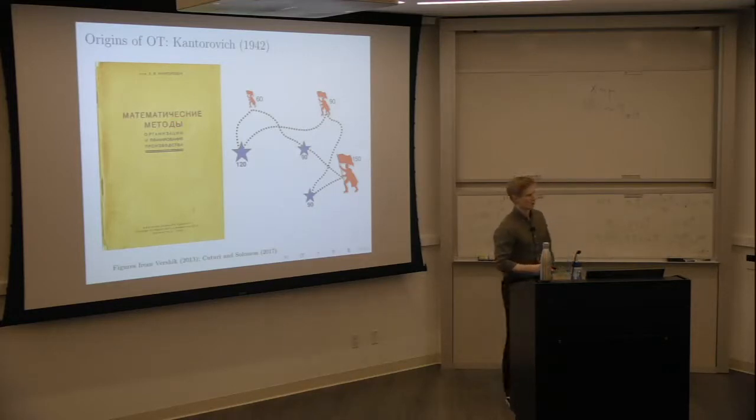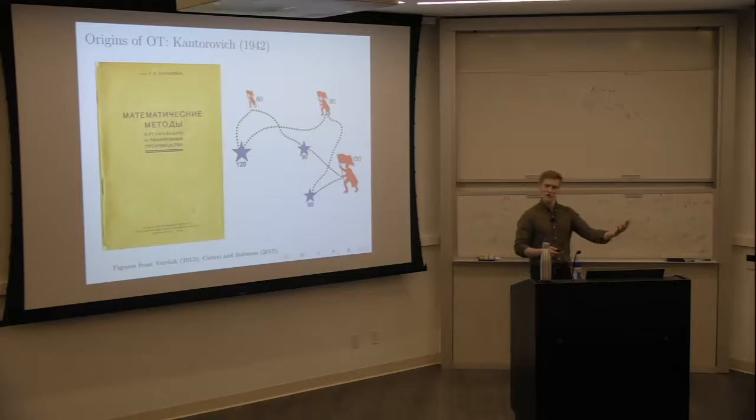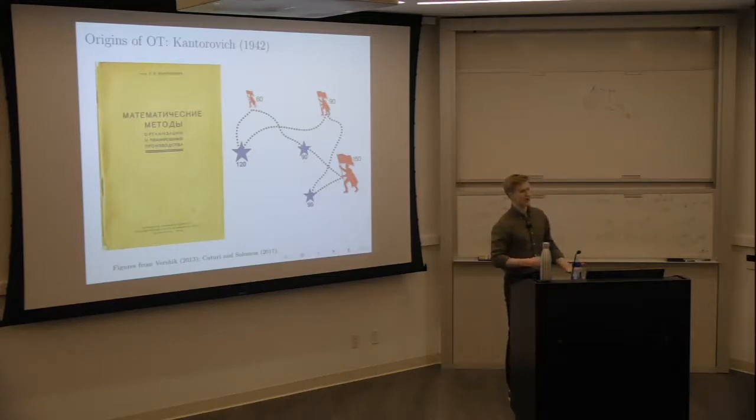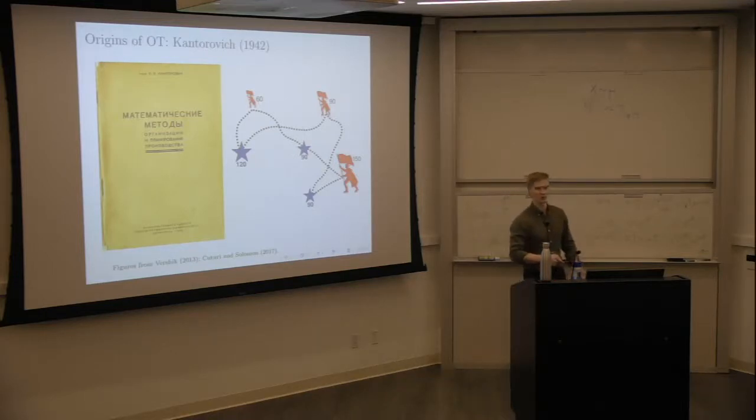And with Monge's way of tackling this problem, we wouldn't be able to really satisfy these constraints, right? Because we couldn't send 150 soldiers to, say, this place where we need 120 with a map without also not being able to supply as many soldiers necessary for one of the other battlefields.